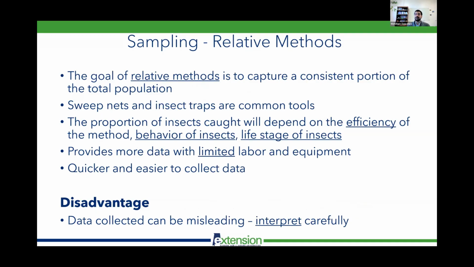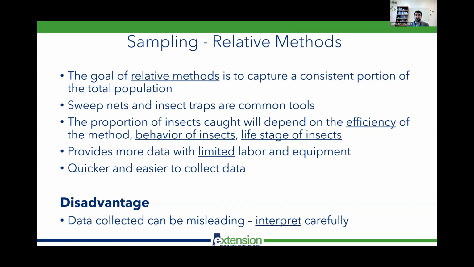These are relative methods because the proportion of insects caught is going to depend on the efficiency of the method. Behavior of insects matters a lot for how effective these methods are, and then the life stage of insects as well, if they're large enough to be caught by a sweep net, for instance.